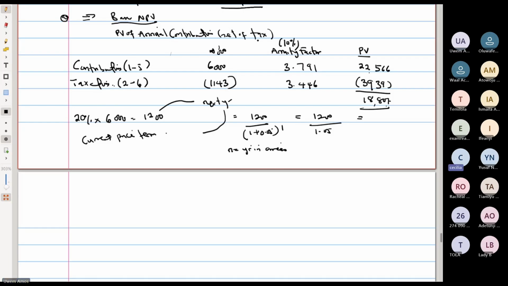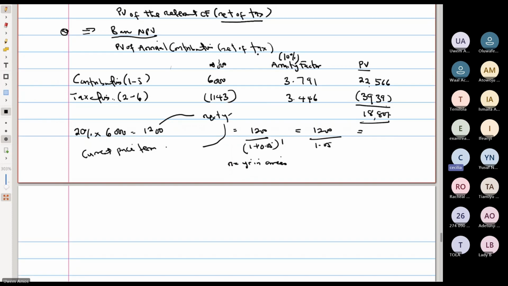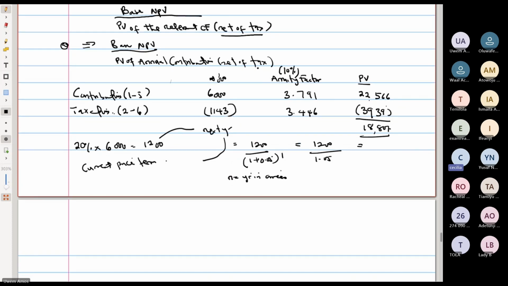Yes, that contribution, I don't know, maybe it's my own calculation, because 6,000 multiplied by 3.791, I got 22,746. Okay, let me quickly do that again. Sometimes when you're punching the calculator, you can punch the wrong value. I still had the value saved in my calculator when I subtracted the 3,939, so if it is 18,807 as the final answer, that will show.